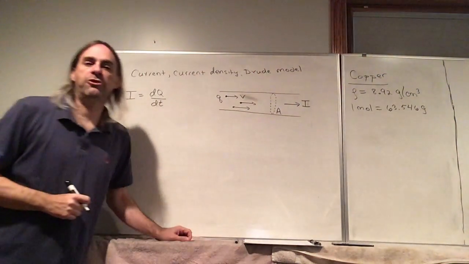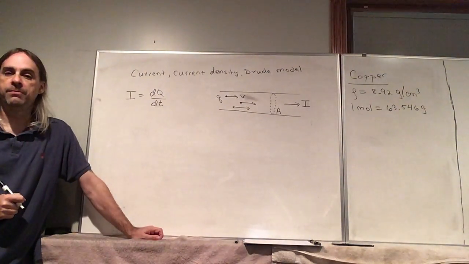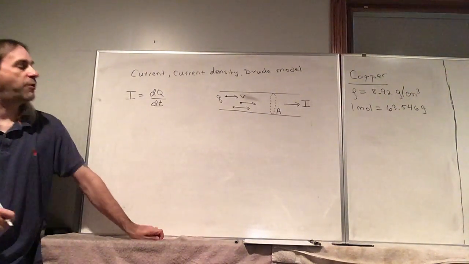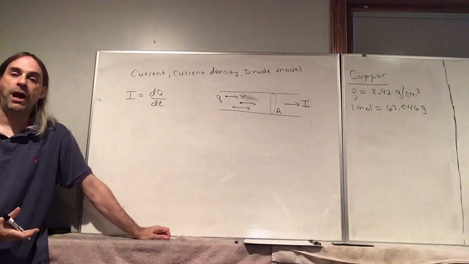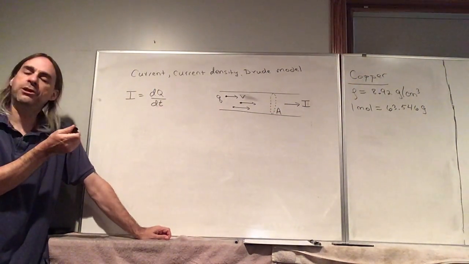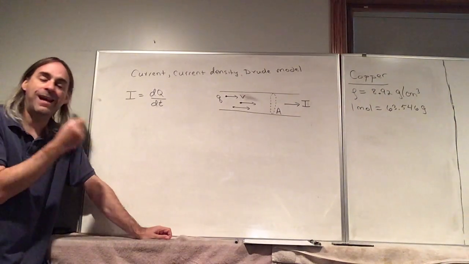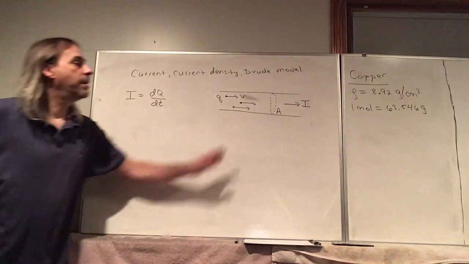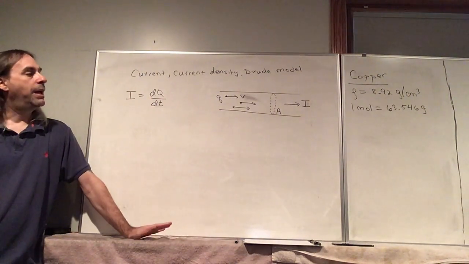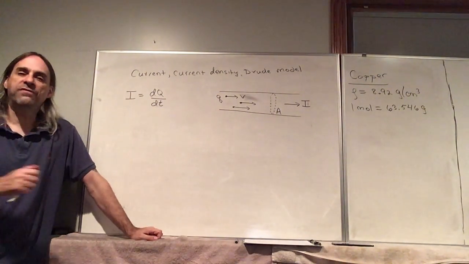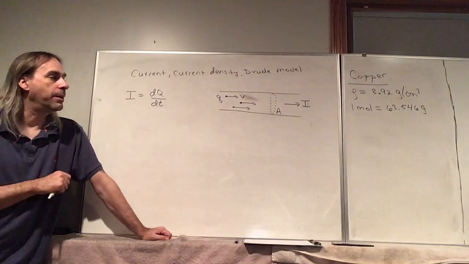And that is the direction that positive charge is being carried. So if we had positive charges moving to the right, that would be a current to the right. Now, if we have a current to the right, if it's negative charges that are moving, then the negative charges would have to be moving to the left.